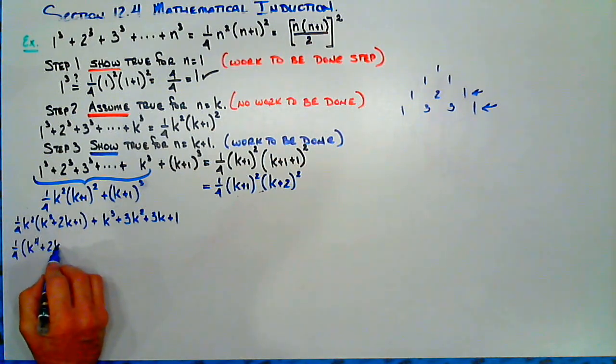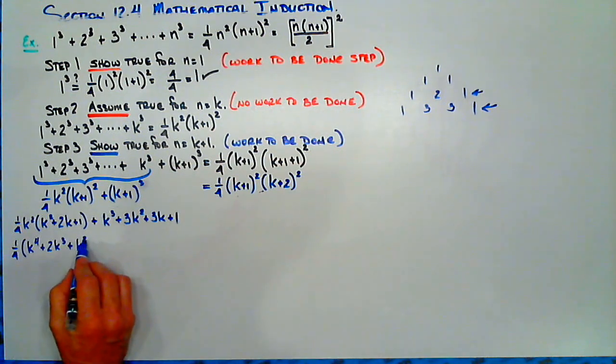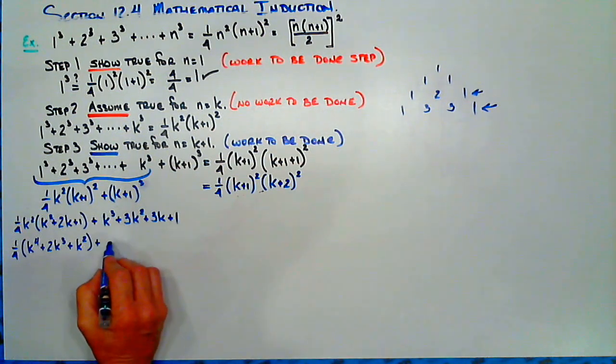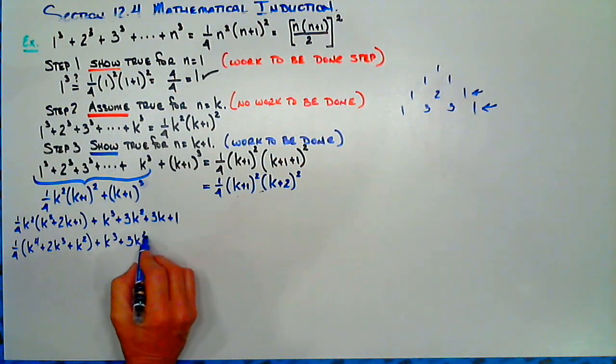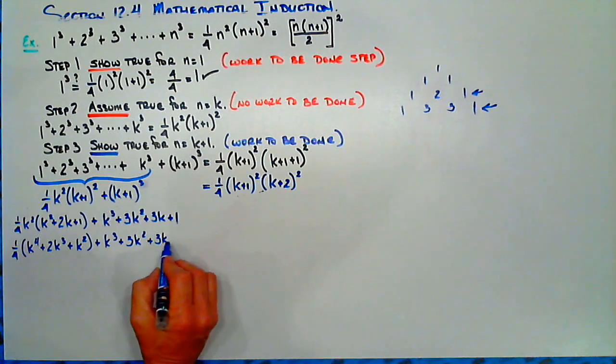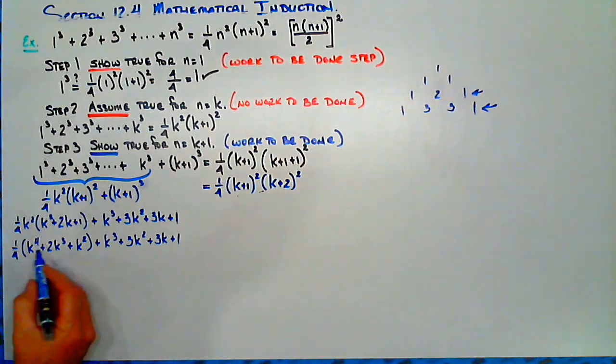That's 2k cubed. What's k squared times 1? That's k squared. Now, over here we have a k cubed, a 3k squared, 3k, and a 1. Now we just collect like terms. So what do we have?